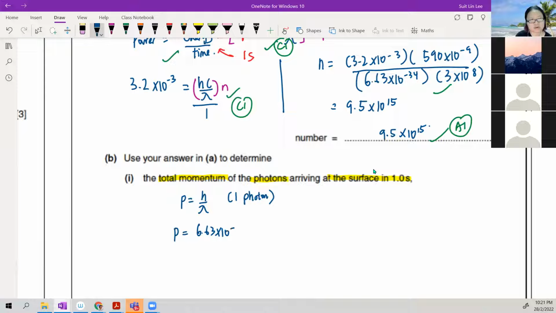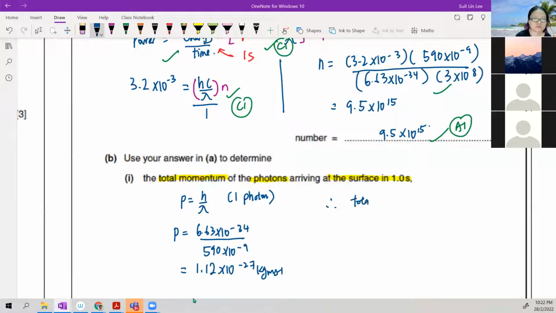6.63 times 10 to the power of negative 34. Wavelength is 590 nanometer. Put inside, and then you get 1.12 times 10 to the power of negative 27 kg m s negative 1.